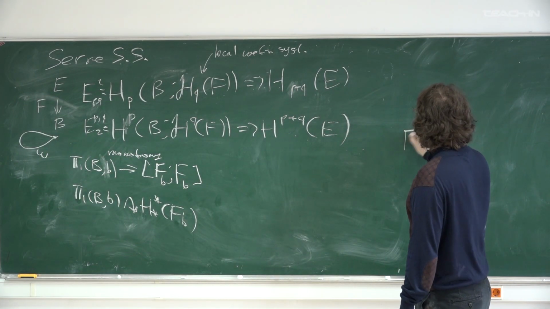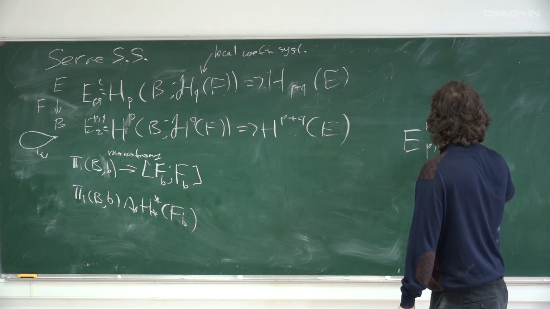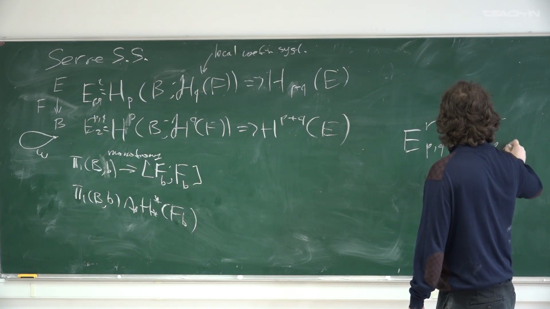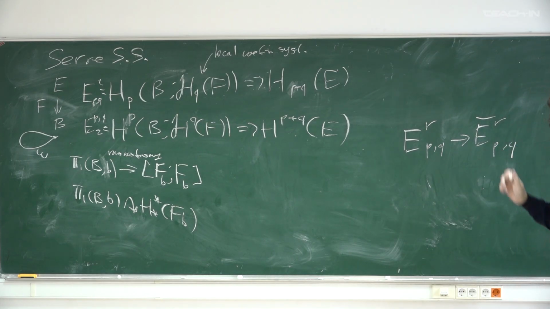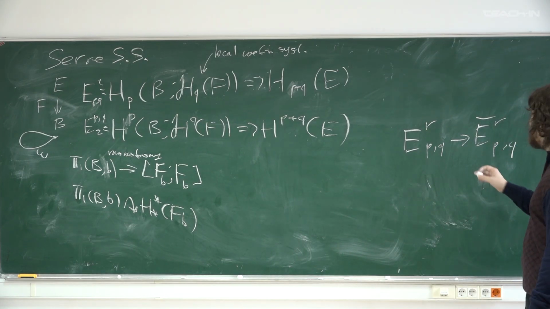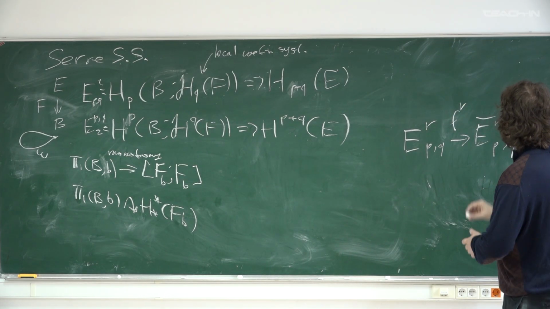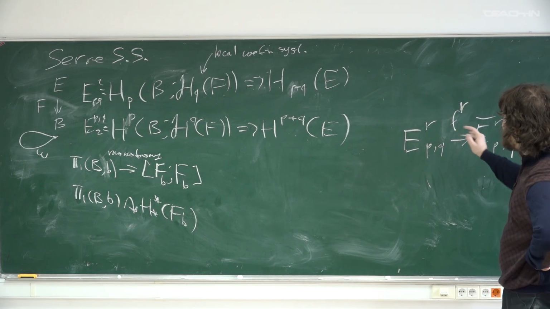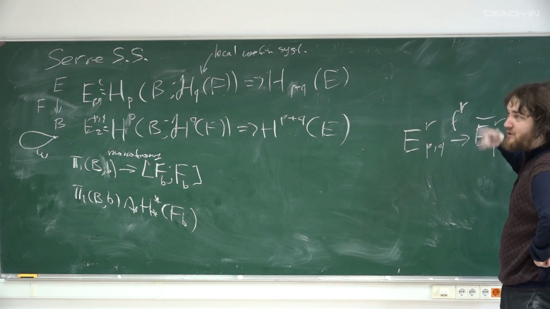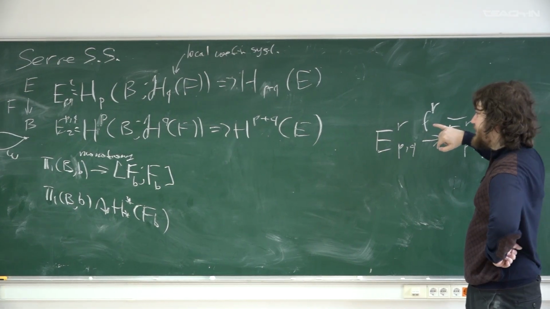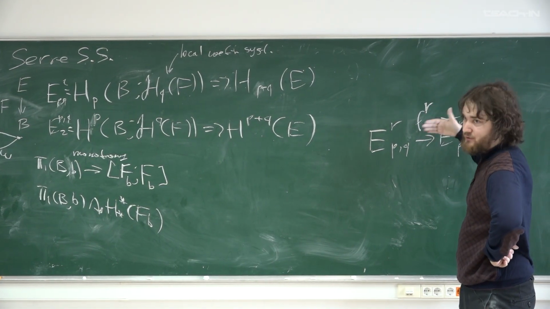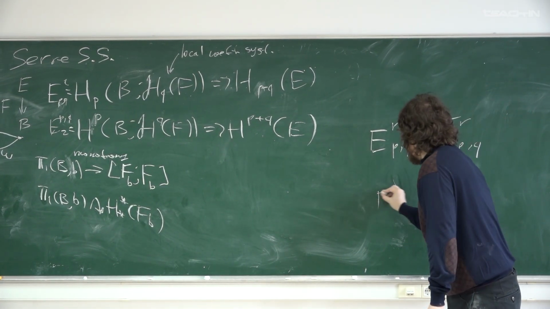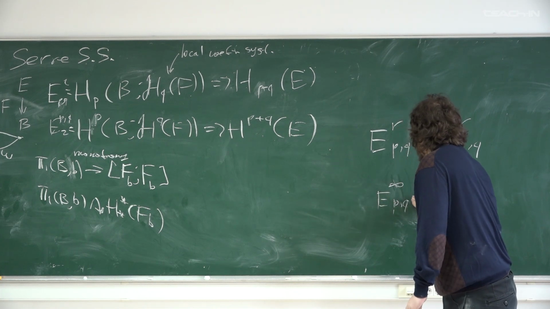Maybe it's important because we will consider it in this lecture. If you have such a map, then you obtain a map on homologies, but you need the map on homologies to also commute with the higher differentials and so on. Then you obtain a map on the infinity page.